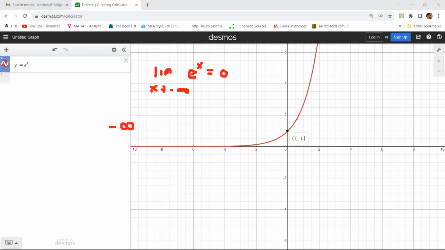I'm going to positive infinity, so I'm not going to 0 here, right? So what's happening to my y value? It's reaching positive infinity. So in this case, the limit as x approaches positive infinity would be infinity. It's growing without bound, or it doesn't exist. But the limit as x approaches negative infinity is 0. Does that help you see it more?